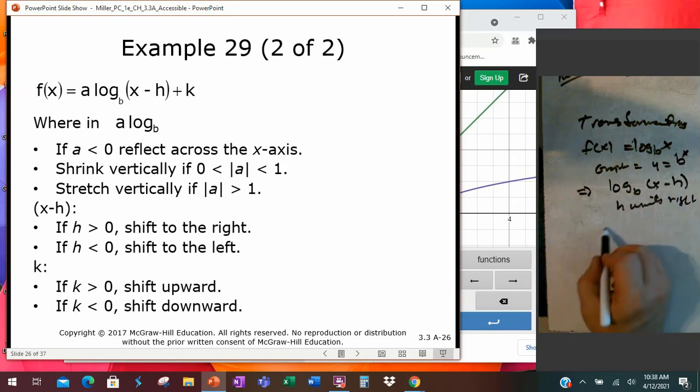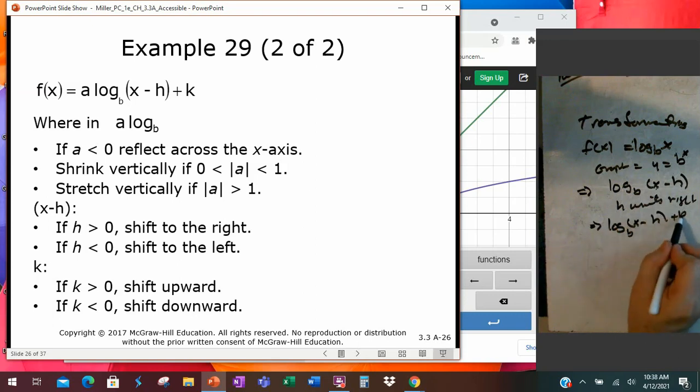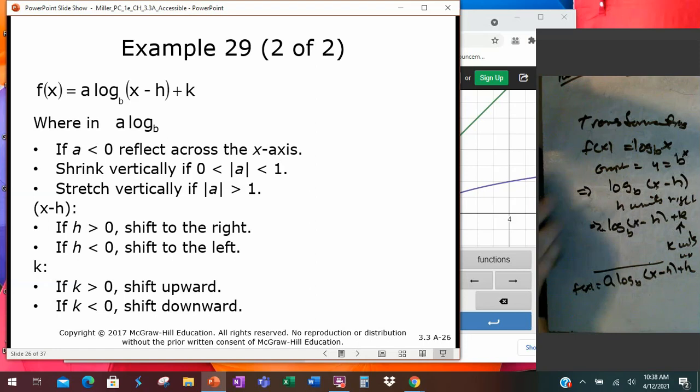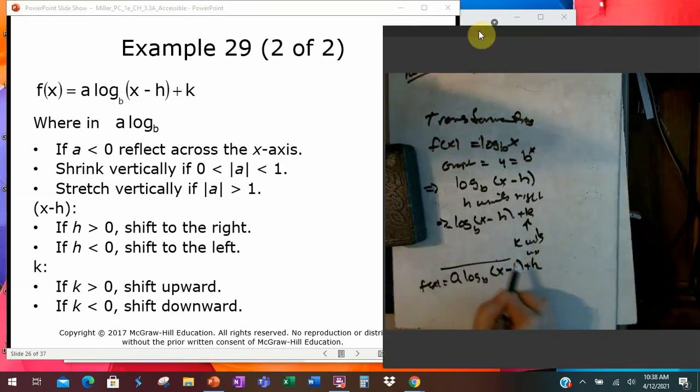Okay. And then if I go log base b of x minus h plus k, this one's easy, k units up. But if I do this, I need to do the scaling. Once I'm doing that, I need to kind of follow the order.